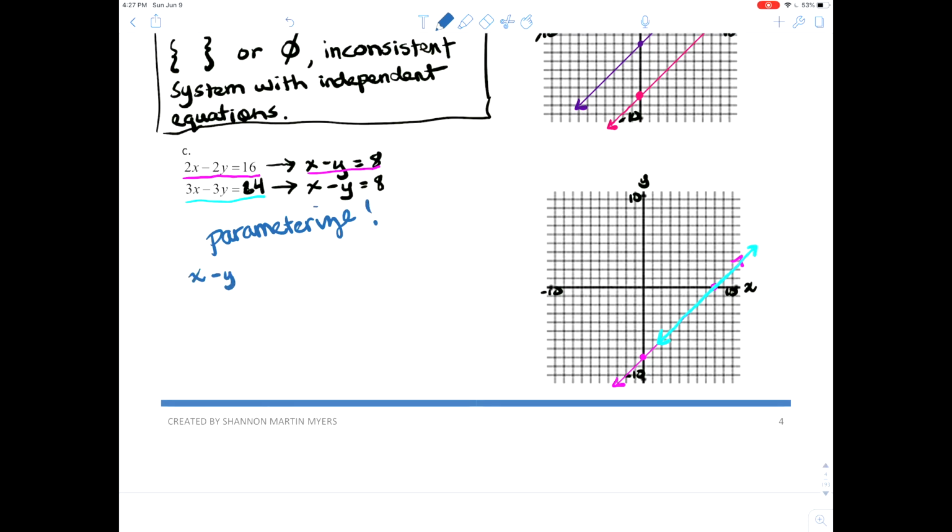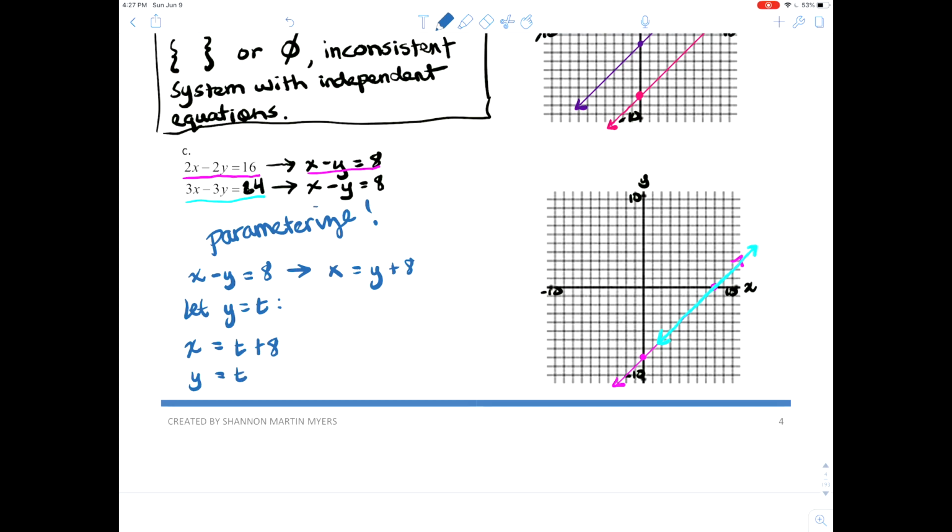We had x minus y is 8. If we let y equal t, we would have x equals t plus 8. All I did is isolate the x, right? And then y is equal to t.